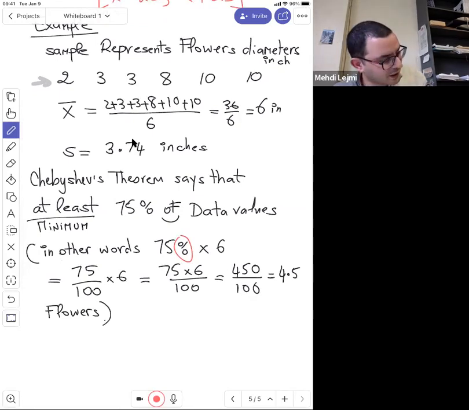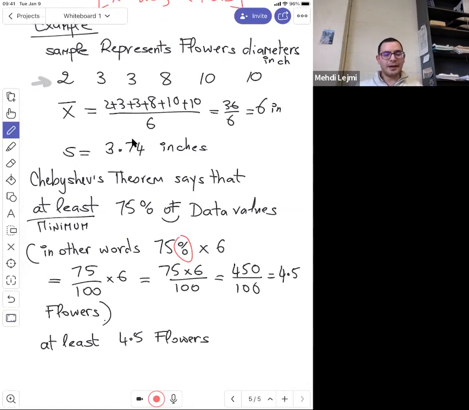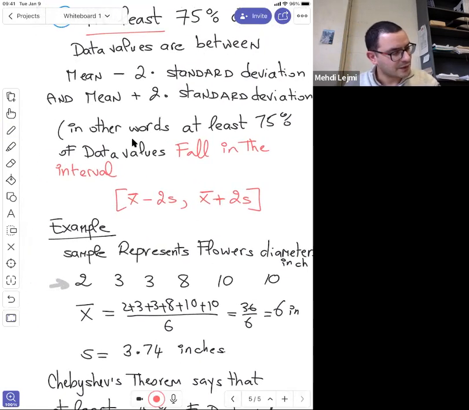So what we are saying is at least 4.5 flowers, their diameter is between X bar minus 2s and X bar plus 2s.